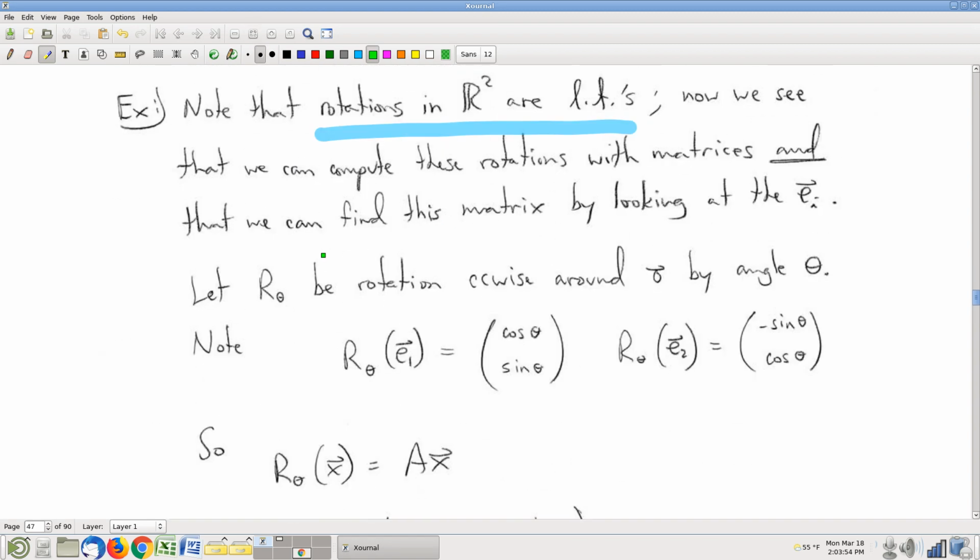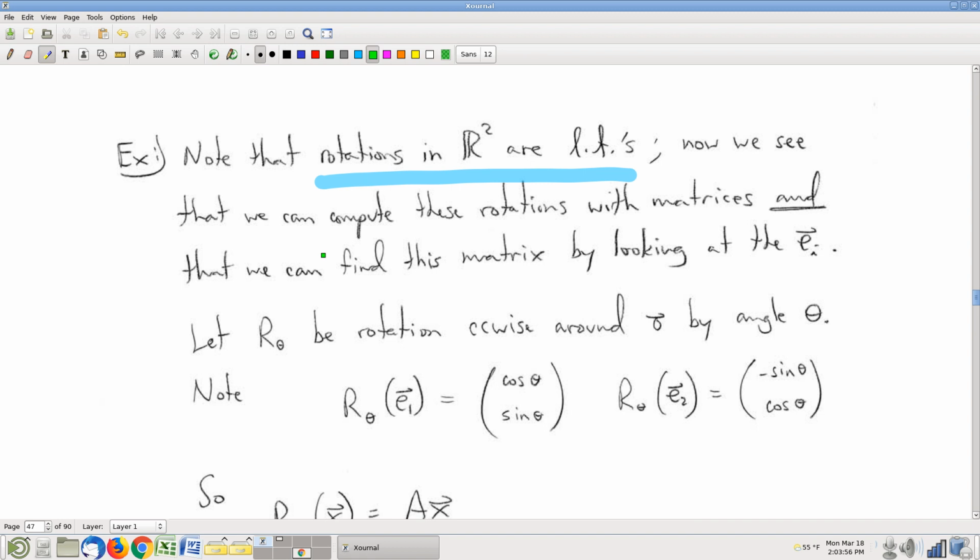So it's a nice observation to make: rotations are linear transformations. Having made this observation that rotations around the origin are linear transformations, we can actually use that as a computational tool. A little counterintuitive. It seems like we're making some abstract observation about rotations, but keep in mind, being a linear transformation is a very powerful condition.